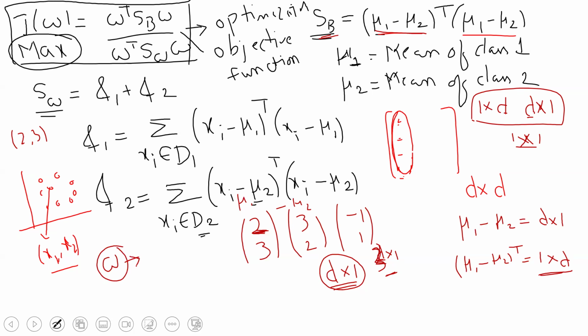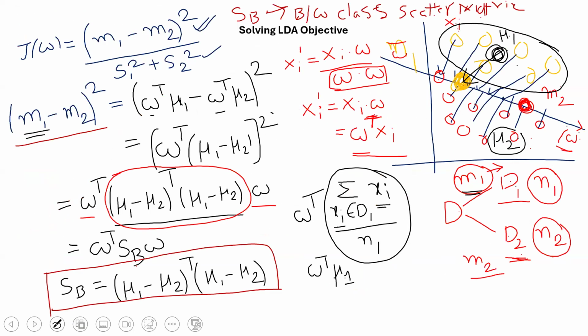What is the dimension of vector w? I don't think you're understanding anything of what I'm talking.